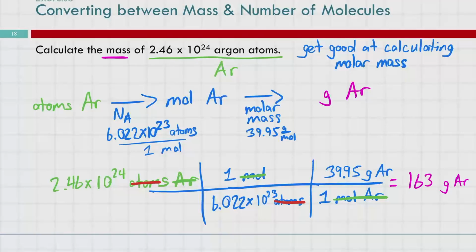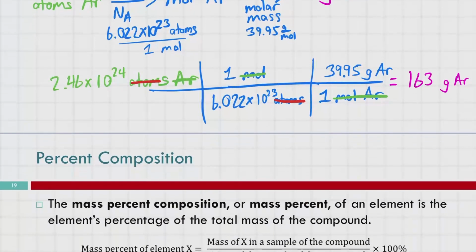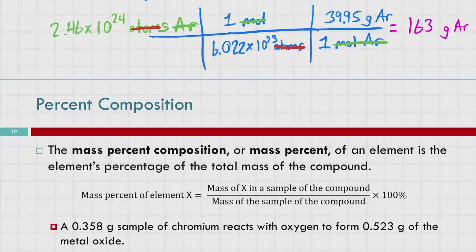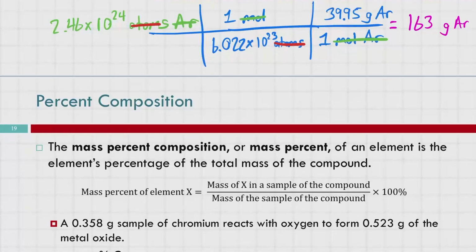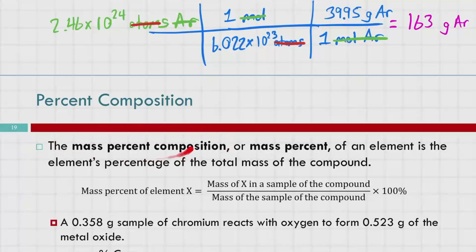All right, some more math stuff. Other ways that we can convert between different chemicals or talk about amounts of chemicals is with percent composition. Almost always this is just going to be mass percent composition, or we'll just call it mass percent.